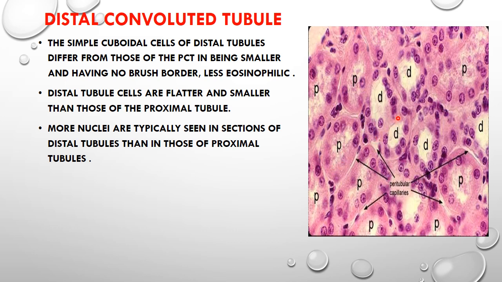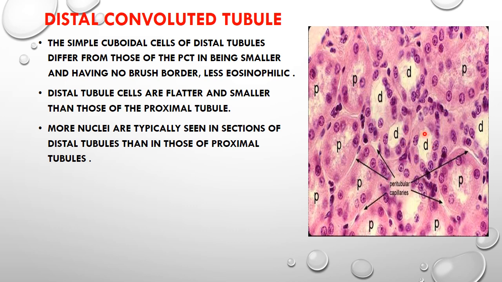In the transverse sections of the distal tubule, more nuclei can appear as compared to the proximal tubule. In the sections of the proximal tubule, only 3 to 5 nuclei of the cells can be seen, whereas in the distal tubule there are more.